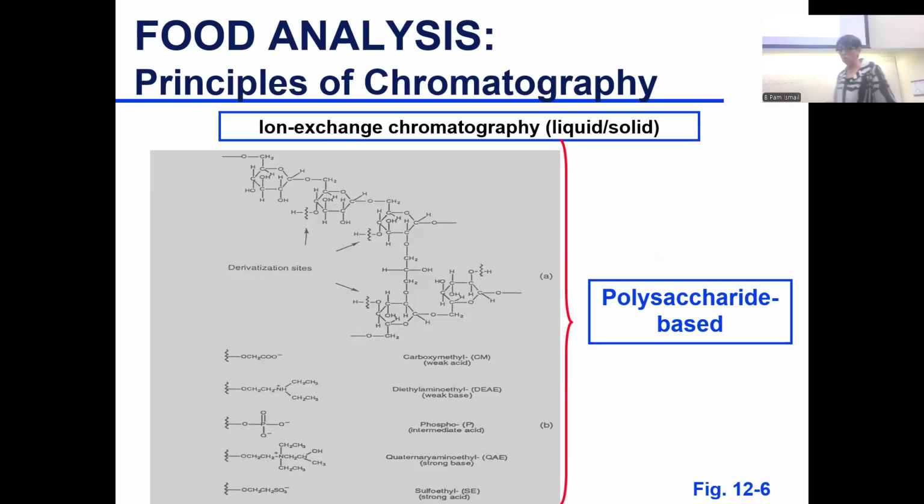Okay, so a weak acid or a strong acid carries a negative charge. Acids give their protons, that's why they're acids. So they give out their protons, so they're negatively charged. Let's see the concept. If you have a polymer that is derivatized with an acid, weak or strong or intermediate, doesn't matter, is this for anion exchange or cation exchange?